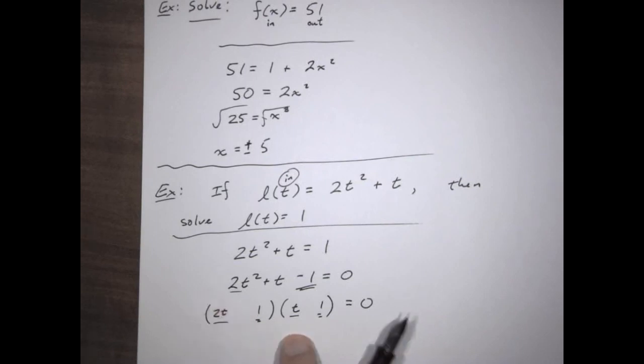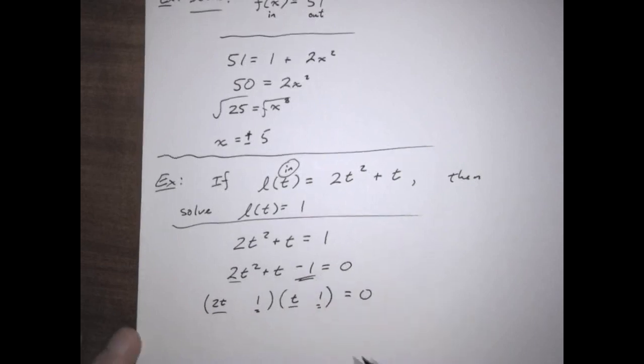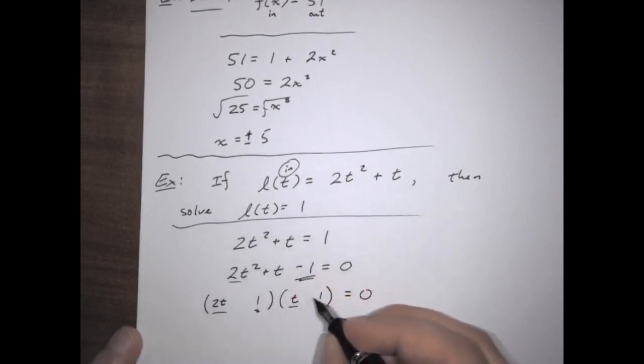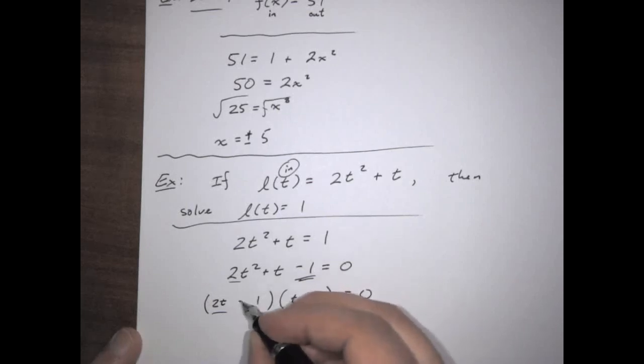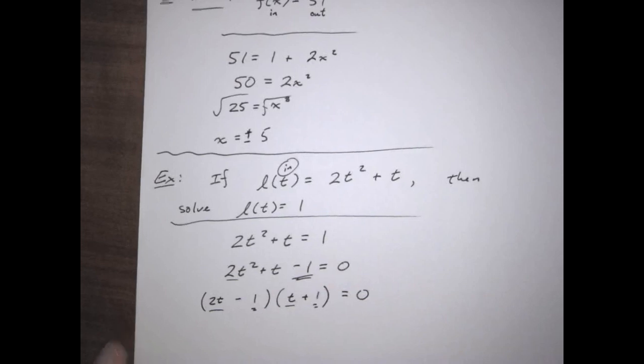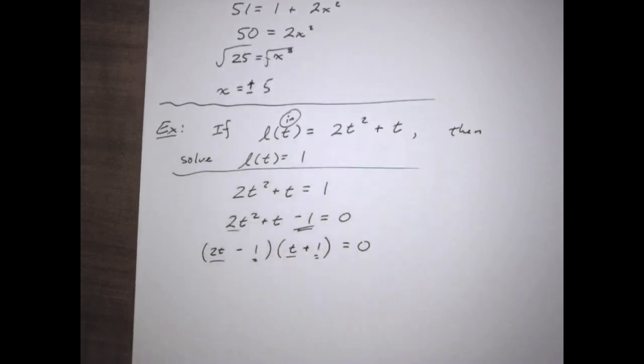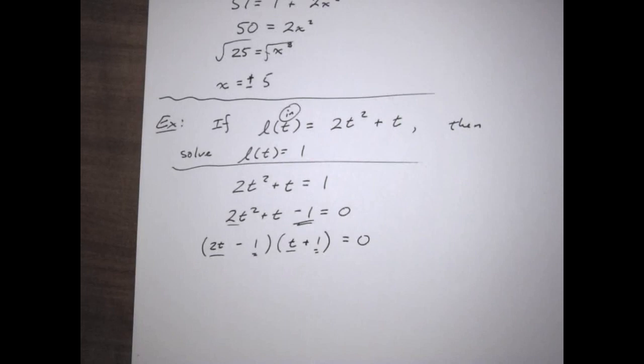Now, if we're trying to shoot for t here, then we can see that the 2t is going to have to be times the positive 1, and the 1t is going to have to be times the minus 1. So that gives us our two factors, and you can again factor this by all kinds of different methods, and whatever method you're most familiar with, go ahead and use that.